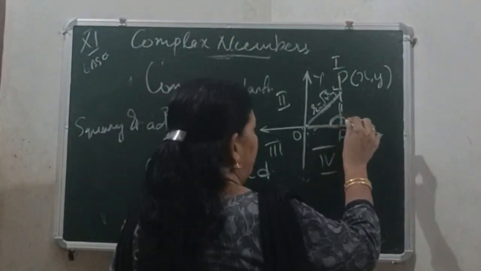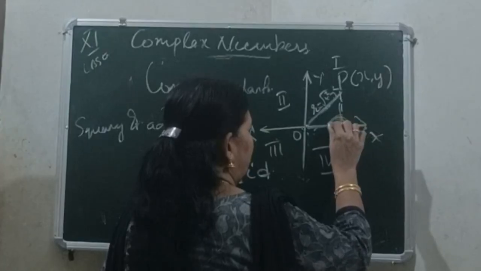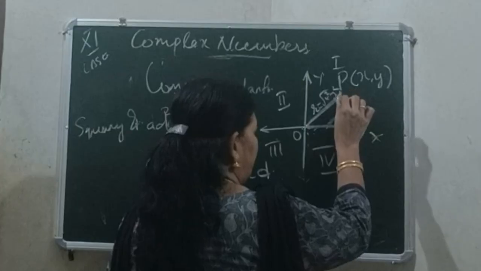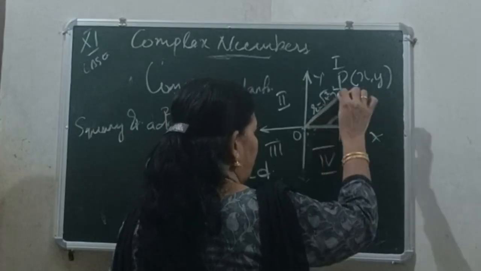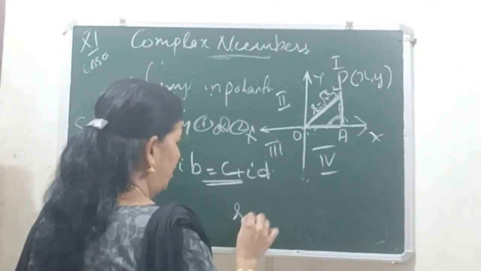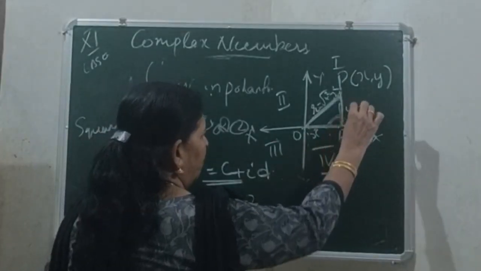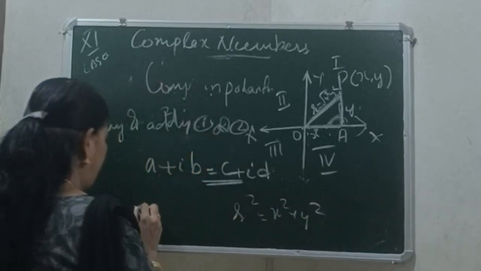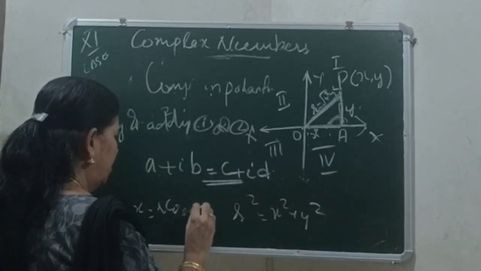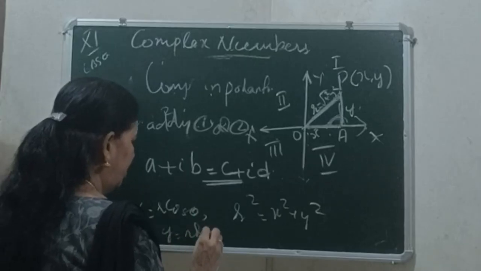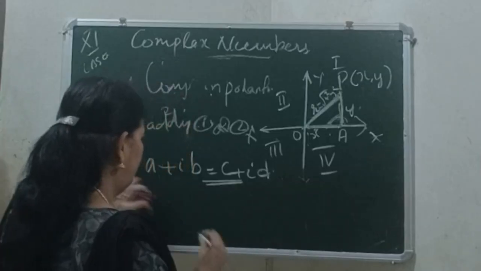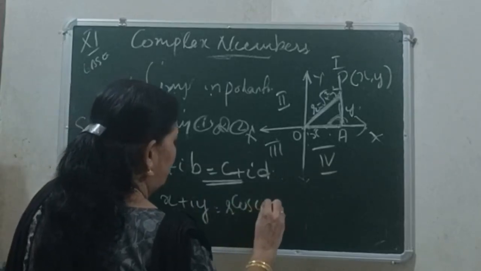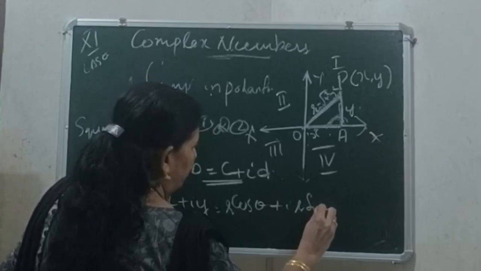Then considering the Pythagoras theorem, in the right-angled triangle, base square plus altitude square equals hypotenuse square, that is r square equal to x square plus y square. x equal to r cos theta and y equal to r sin theta, that is the complex number in polar form: x plus iy equals r cos theta plus i r sin theta.